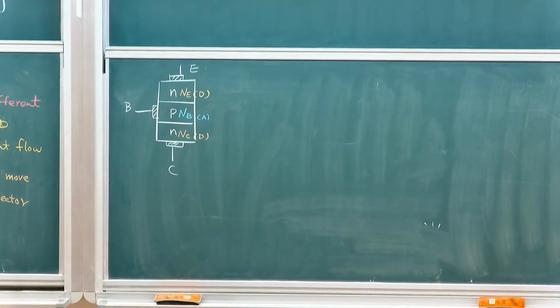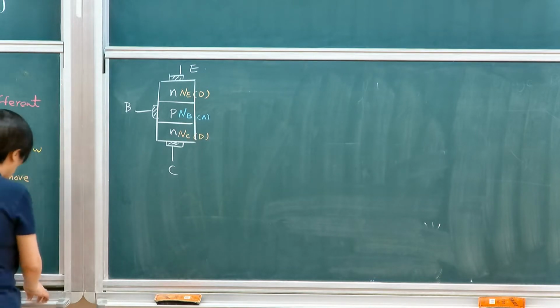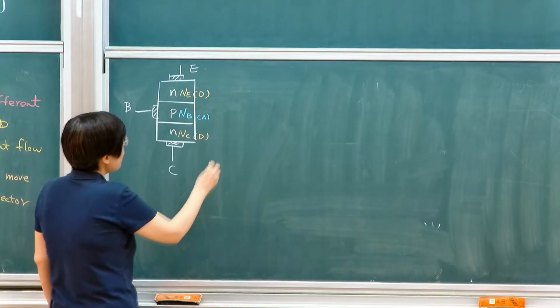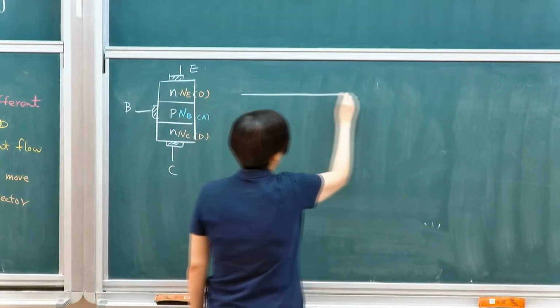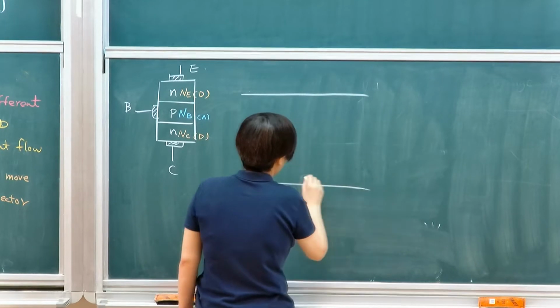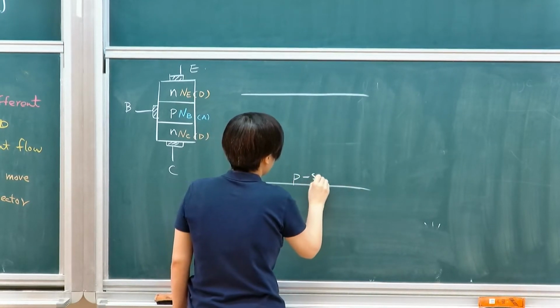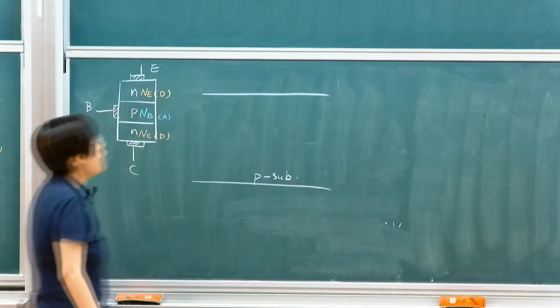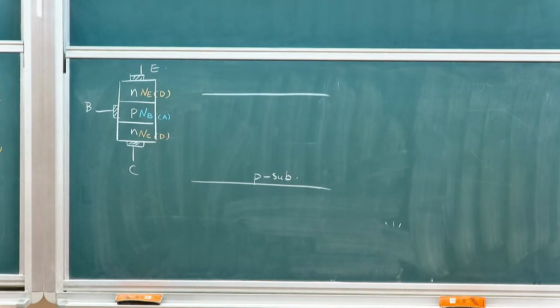So if you want to make a bipolar junction transistor, you need to use the idea that we introduced to you, which is the counter-dope idea. You need three layers of structure. Typically you start with a P substrate, and then you define a certain window for your collector region.